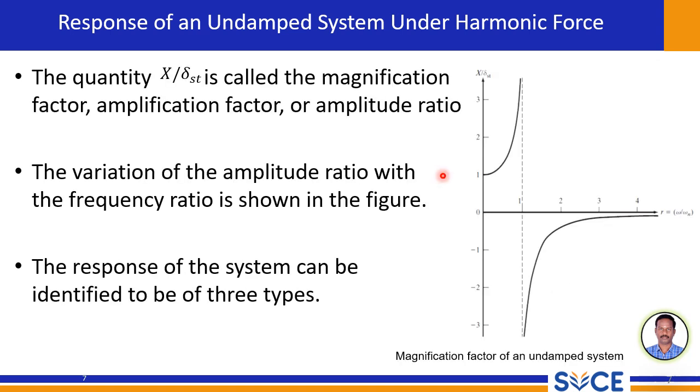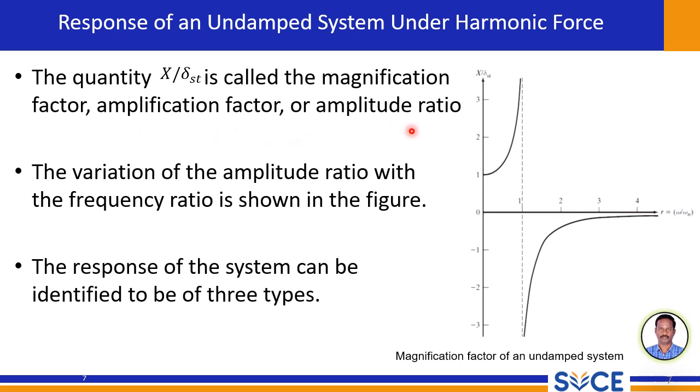Now, let's delve deeper into understanding the behavior of our undamped system under a harmonic force by introducing the concept of the magnification factor. The quantity X divided by delta static is called the magnification factor or amplification factor or amplitude ratio.